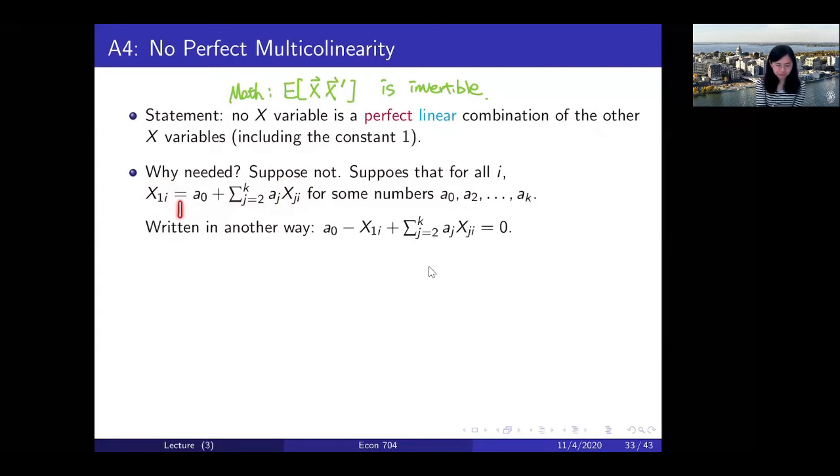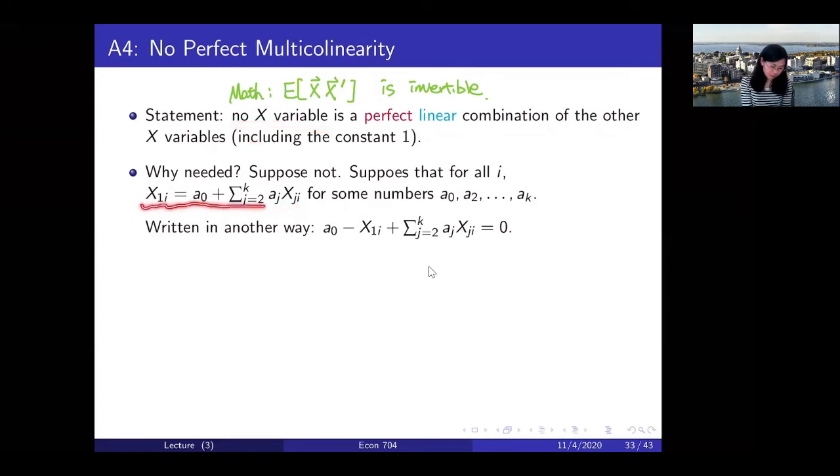Exactly equal. This exact equality means it is a perfect linear combination of the other x variables.